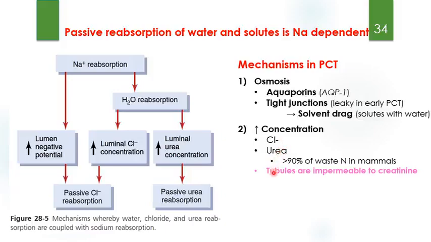But because the proximal tubule is relatively impermeable to creatinine, creatinine cannot be reabsorbed in this way, but chloride and urea will be reabsorbed due to the concentration gradient across the luminal tubular cells.